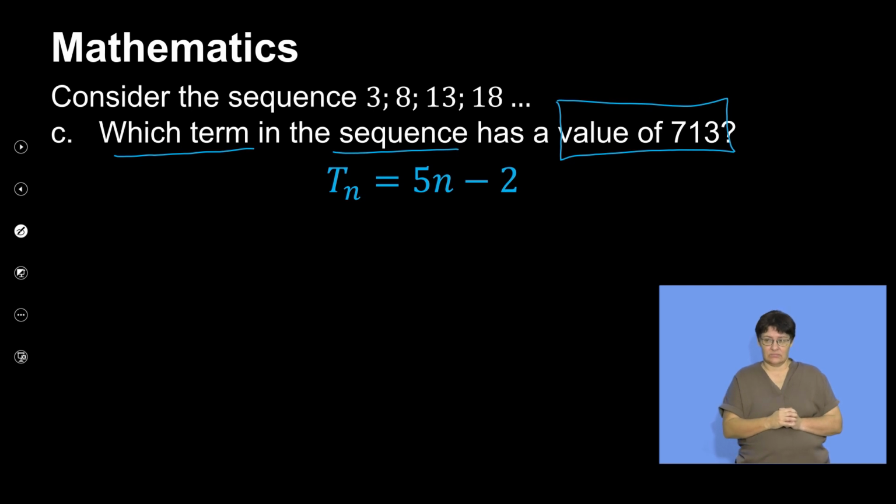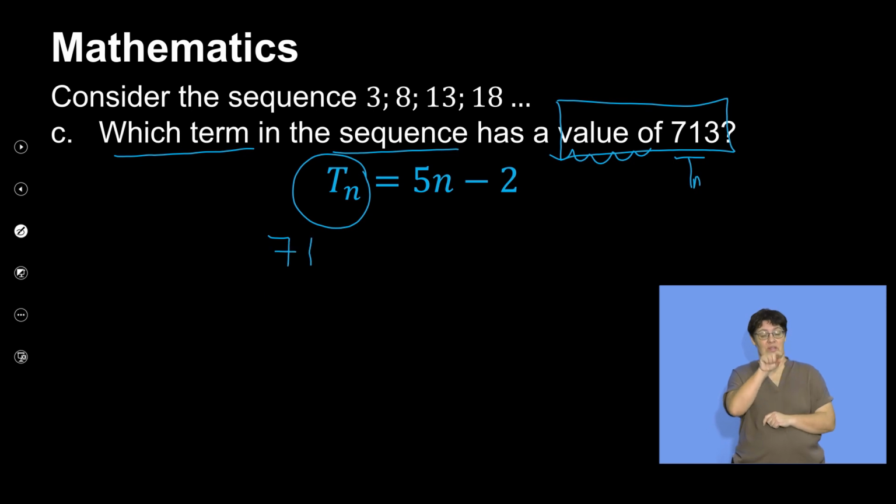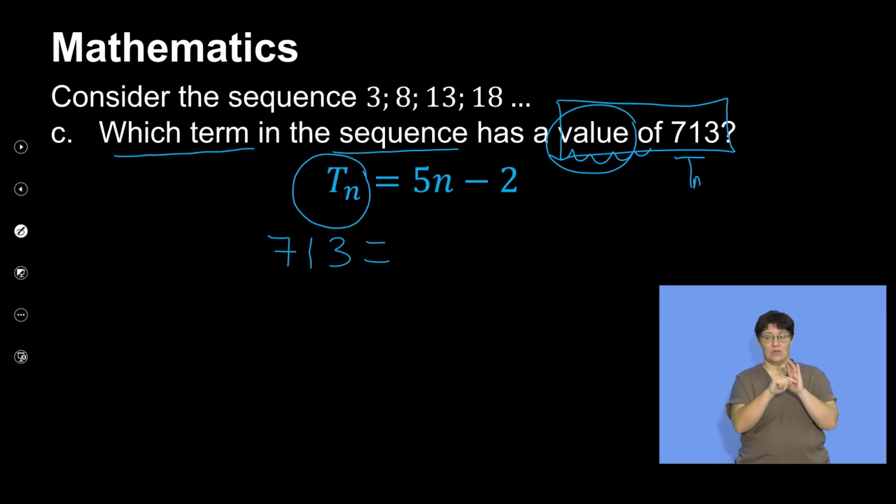Because we are talking about a value, that means that is going to be my Tn. So I'm going to replace Tn with 713 because that is the actual term value. And I'm going to equate that to 5n minus 2.